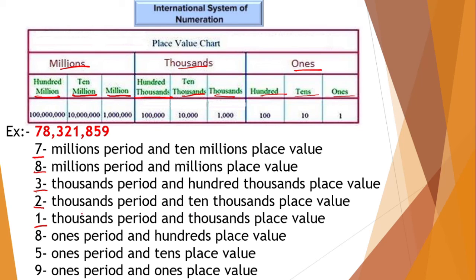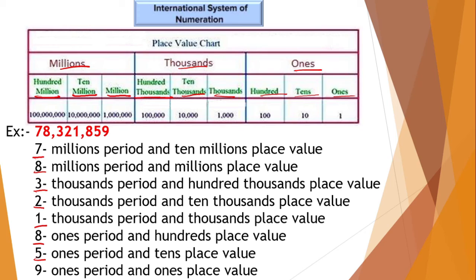And 1 is in thousands period and thousands place value. And 8 is in ones period and hundreds place value. 5 is in ones period but tens place value. And 9 is in ones period and ones place value.